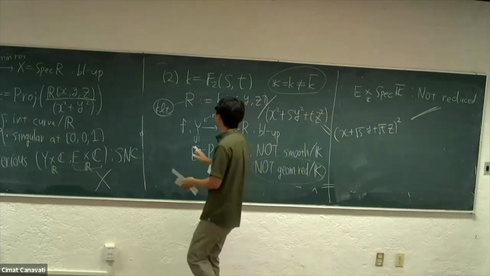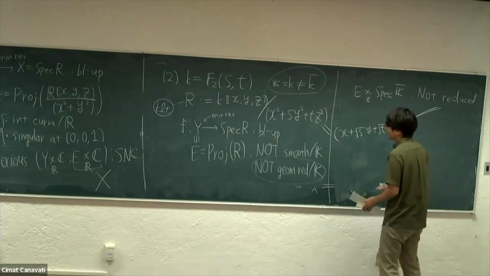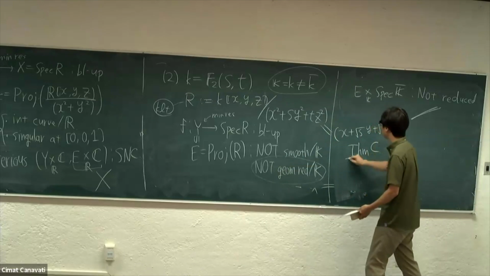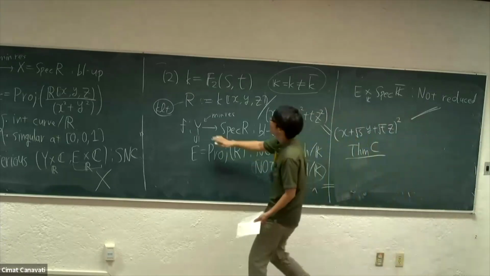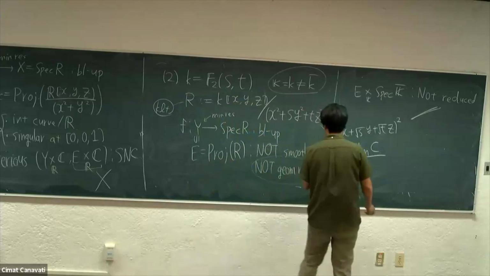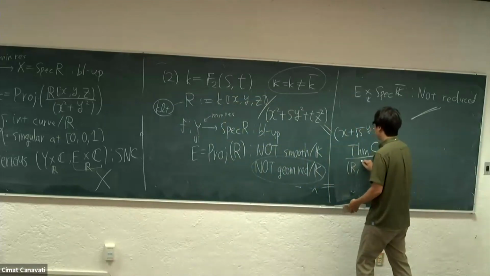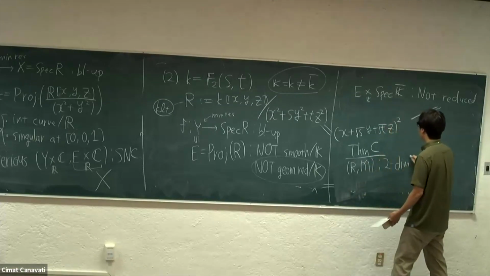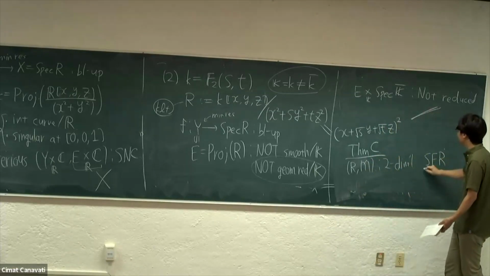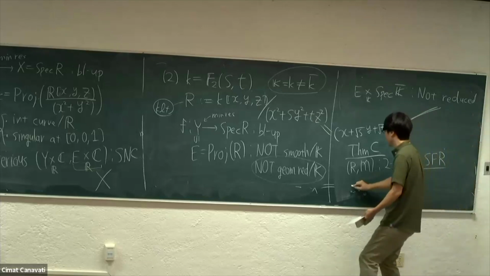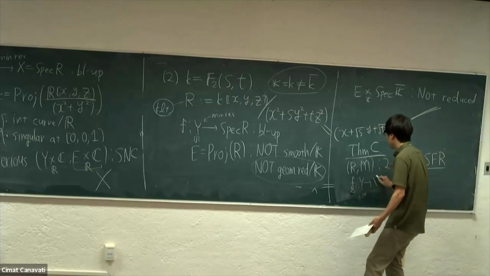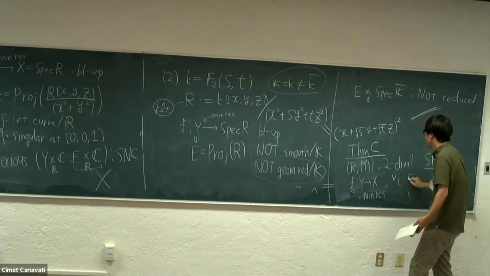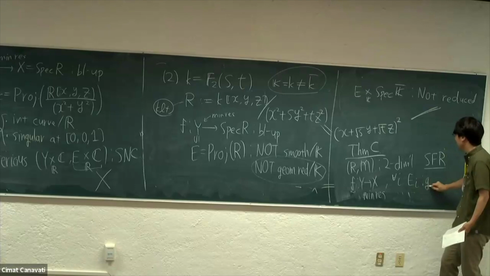But we can prove that we don't have to consider this case. Our theorem is that. This is just a KLT case, but in theorem C, we say that if R is two-dimensional and a strongly F-regular singularity, then if we take the minimal resolution, every exceptional curve is geometrically reduced.